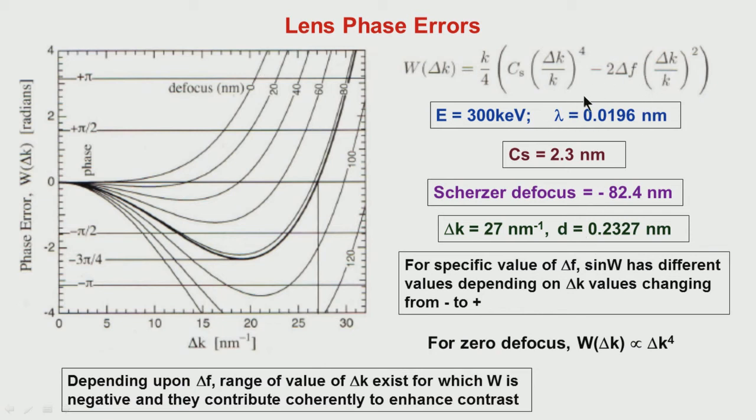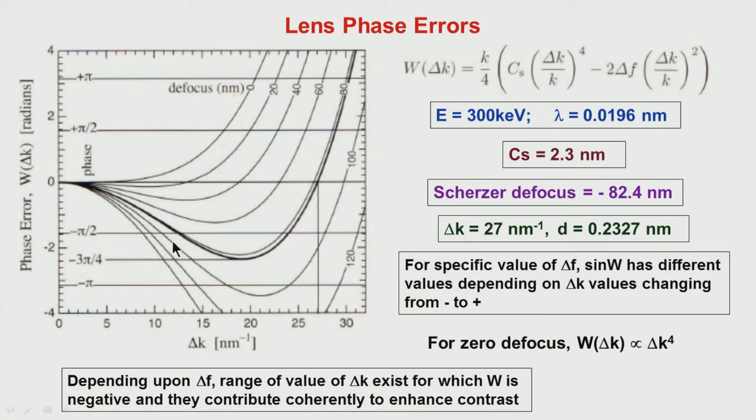And then when the value of defocus increases, initially what is going to happen is that this term dominates and the value of W becomes negative. Then afterwards, as the value of this delta k term becomes large, the effect of delta k terms increases, and then we find that as usual it increases and the effect of this term gets reduced.